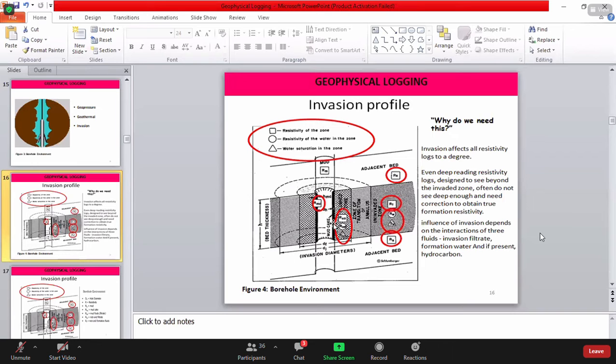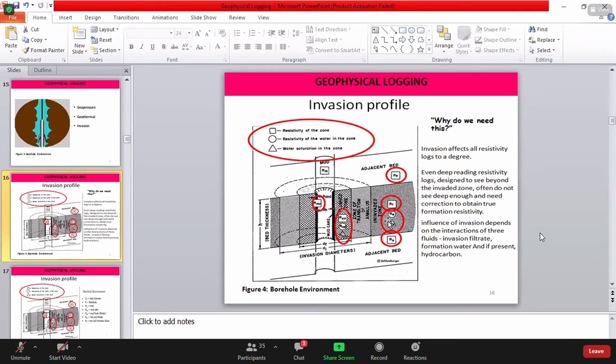So the resistivity enables us to measure at varying depth in the formation. This enables us to see what the resistivity will be in the flushed zone and what it will be in the uninvaded zone. And that is where we can get RT, the true resistivity of the formation.